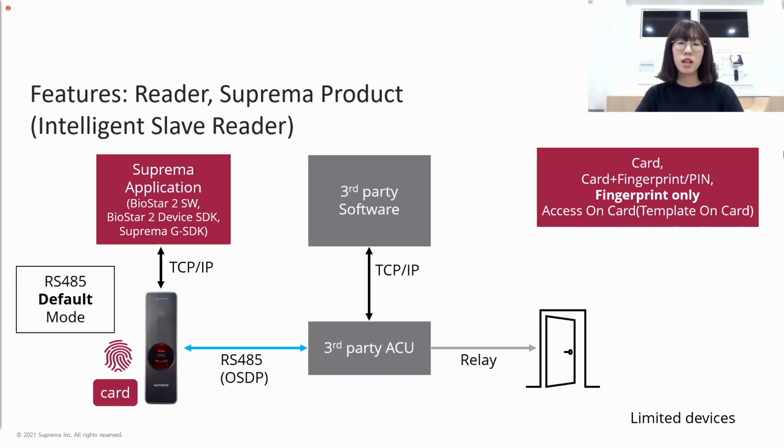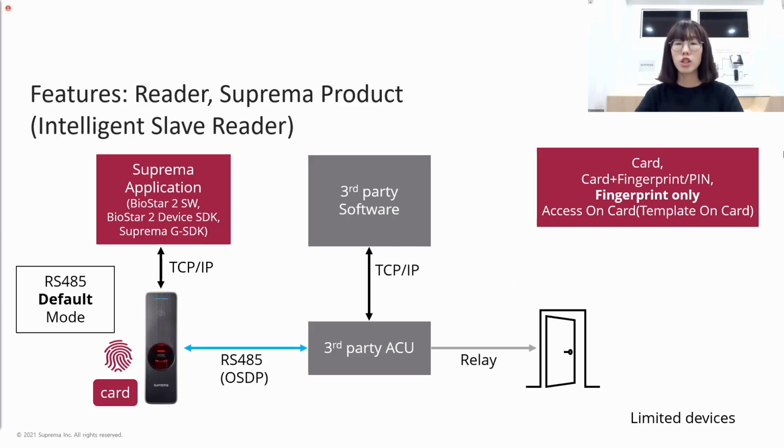Although it is inconvenient to manage user information in two different systems, it has a great advantage of utilizing the superior biometric authentication performance of Suprema devices and enabling access control from the access control panel through OSDP.